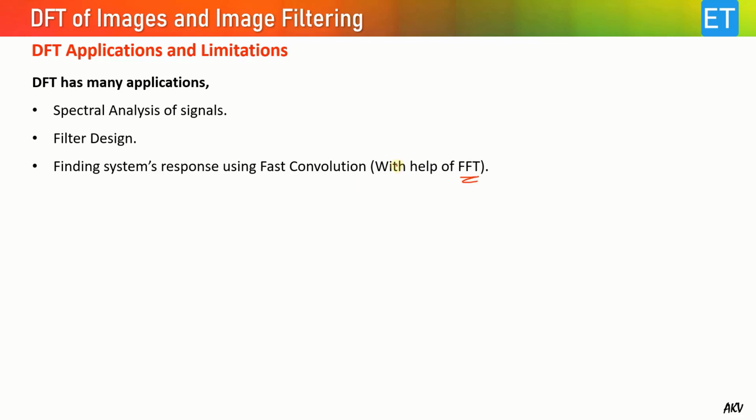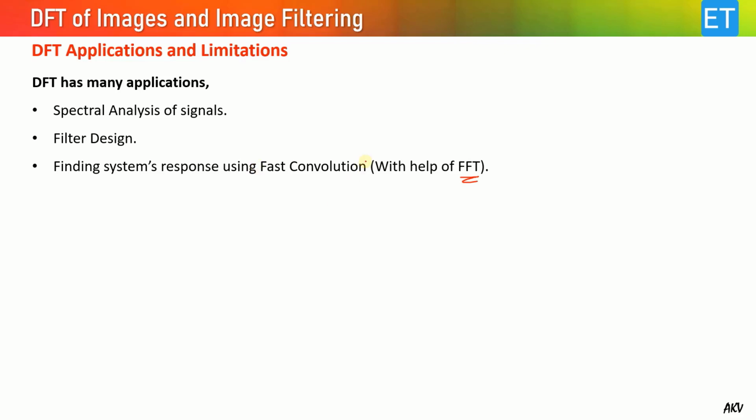So these algorithms have the capability to compute the DFT in fewer computations. So if we use the FFT, we can compute the DFT with very few computations, which is suitable for computers.